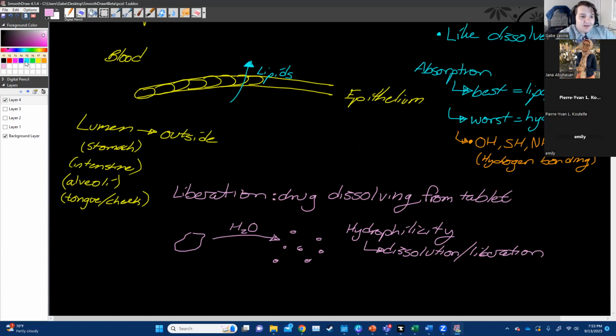But at the same time, as we talked about earlier, it needs to have a certain amount of lipophilicity in order to be absorbed, right? Because if you have a drug that is great at dissolving into water or in the stomach acid or in the intestines, but it's so hydrophilic that it cannot cross the membrane, the epithelial membrane, then it is completely useless.